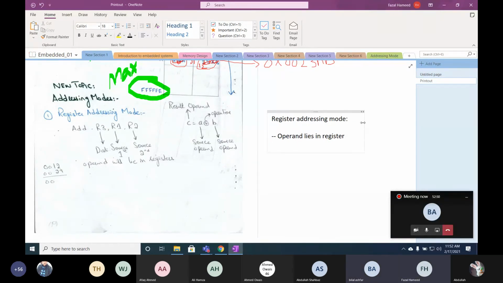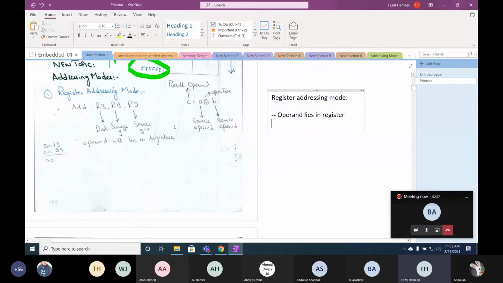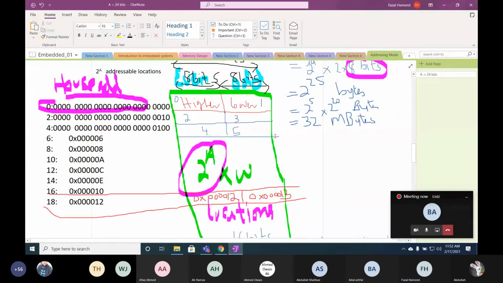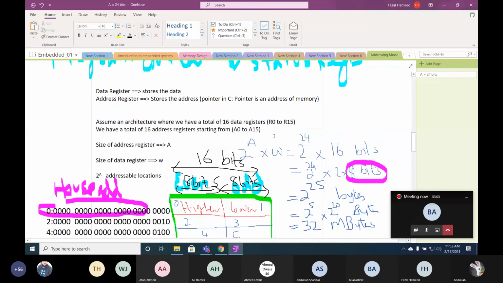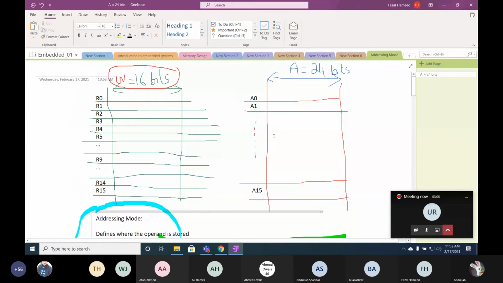Now I will give this with an example. So now let's assume these are registers, and there are some arbitrary values in the registers.